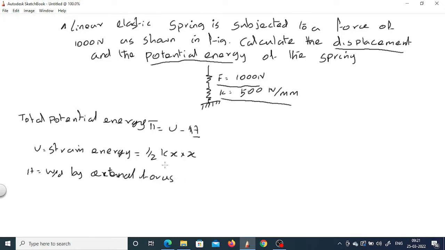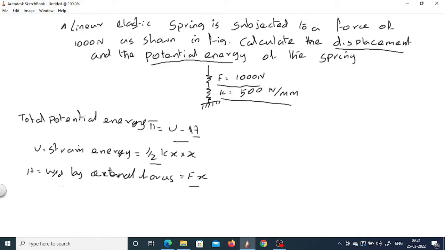You see the spring has force F. Due to the force applied, the spring has some displacement. So the work done by the external force is F into x, which is the formula for work done by external forces. From this we can substitute the U value and the Fx value into the total potential energy equation.